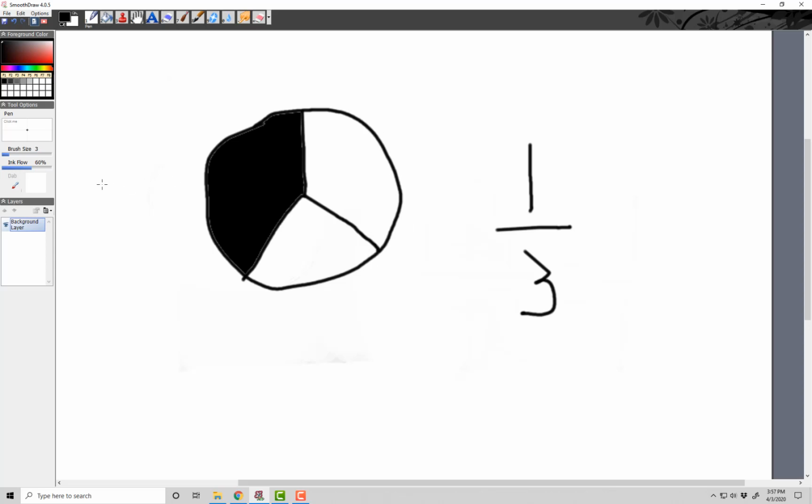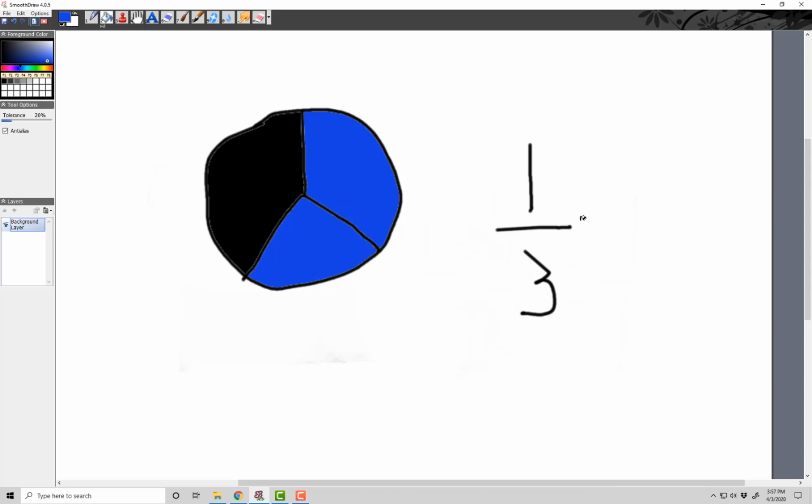So let's say Daddy gets really hungry and he wants to eat more, okay? Maybe say Daddy wants to eat 2 pieces of pie. Let's say Daddy's color is this. So he eats 2 pieces.